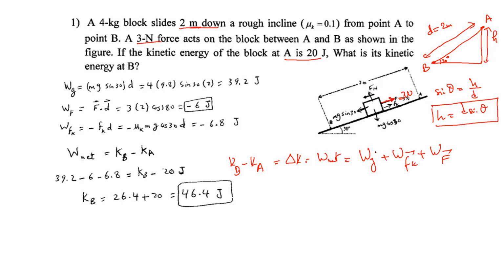So let's start first with the work of the gravitational force. I'm going down, and I told you the work of gravitational force just depends on the vertical displacement. So it's just plus or minus mgh, and here it will be plus, and h being d sine theta. So h will be 2 sine 30 degrees. So W g is m g h, and h is d sine theta.